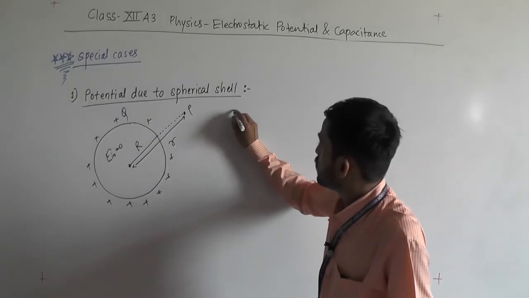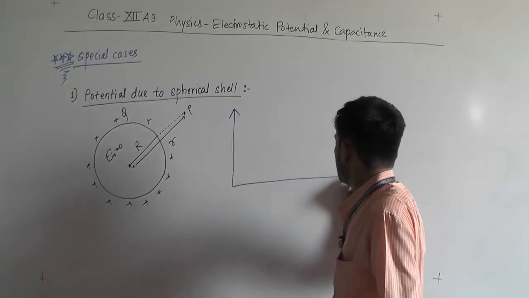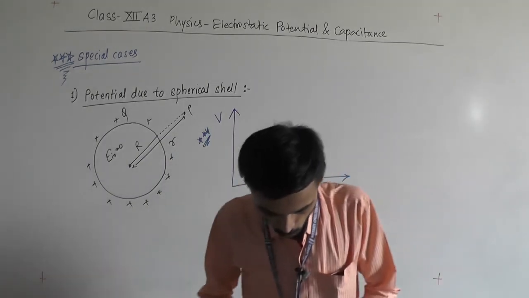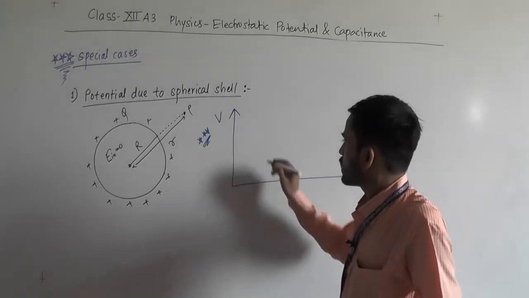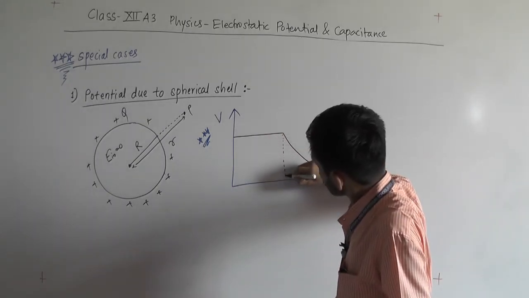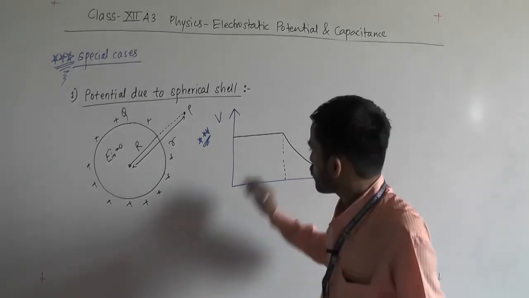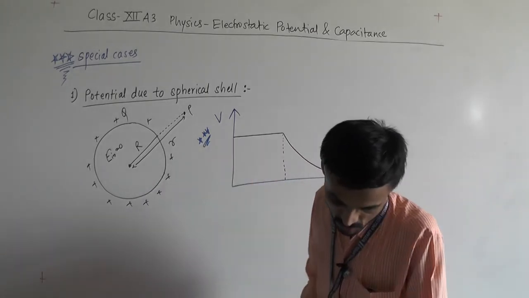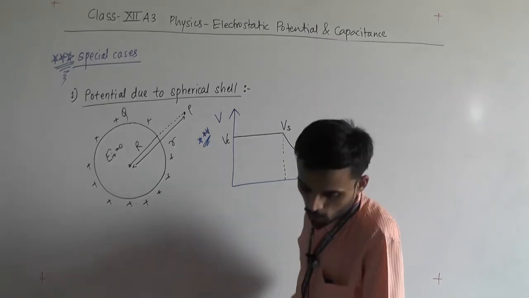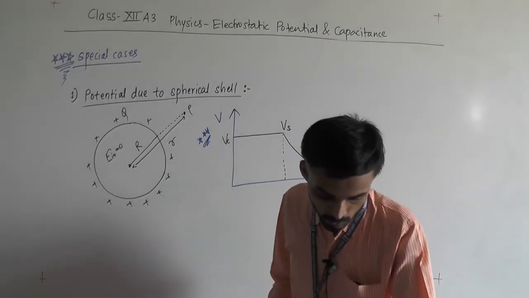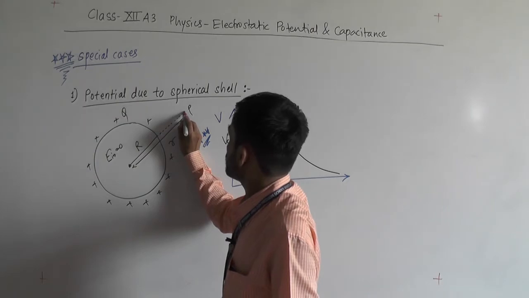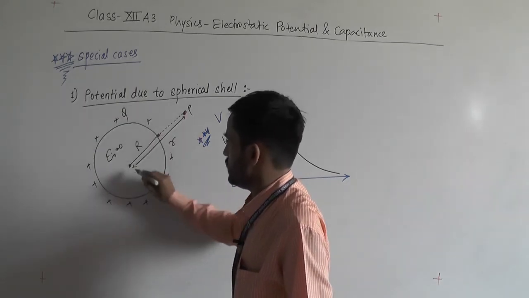ओके, एक्चुअली इफ यू गो फॉर ग्राफ, दिस इज वेरी इंपॉर्टेंट ग्राफ. ये आप आपके नोटबुक में इसको सेम करके लो. ग्राफ आता है ऐसा, मतलब ये अंदर वाला मतलब क्या, कांस्टेंट. इसको उन्होंने दिया है VC, VS, VC, VS एंड V आउटसाइड. तो ये क्या हो जाएगा, पोटेंशियल आउटसाइड इनसाइड. तो मतलब अभी अपने को क्या क्या करना पड़ेगा, दिस इज द पॉइंट outside, this is the point on surface and at center.